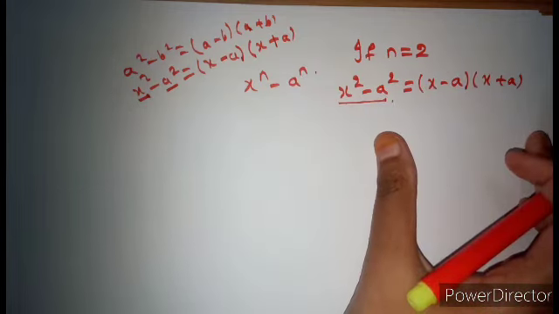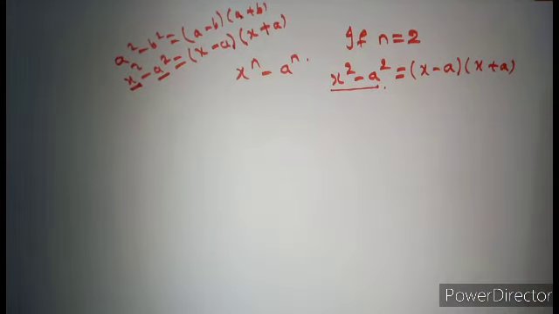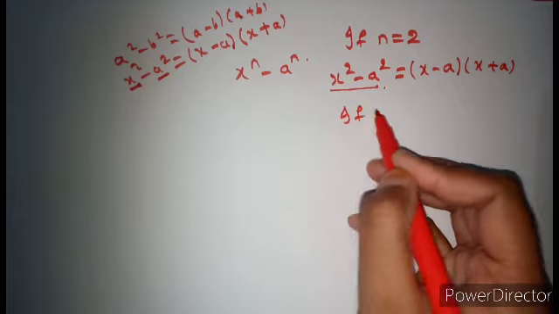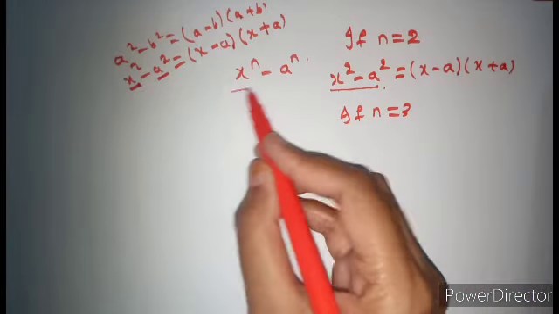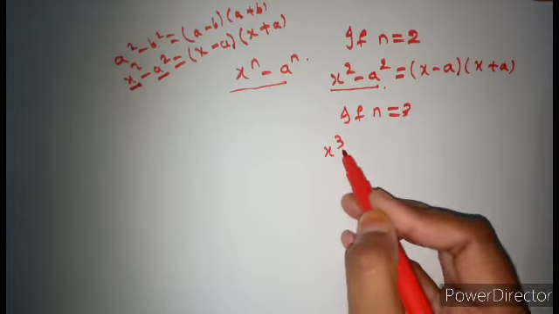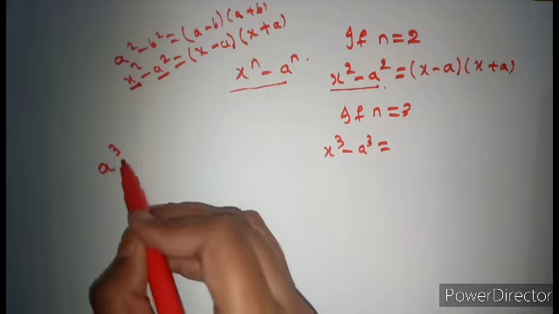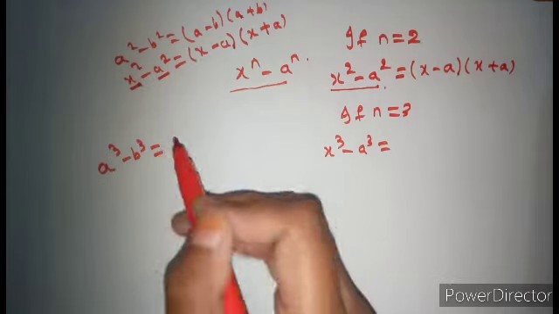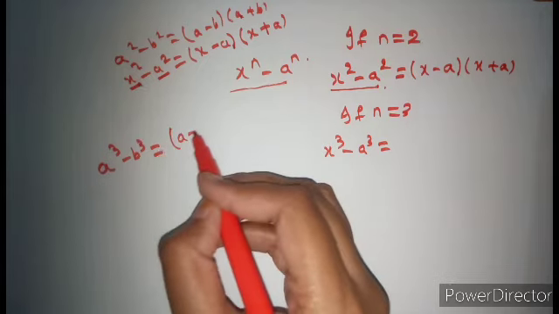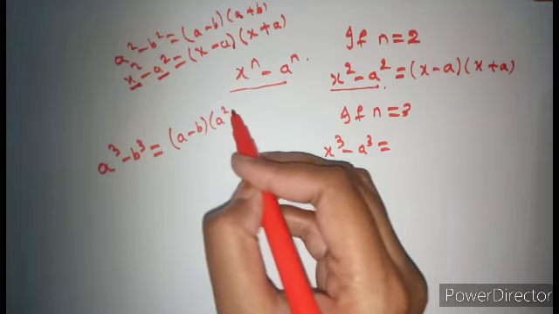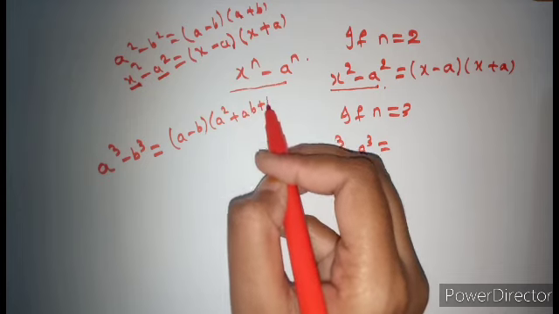So this is what I have written. Now if n equals 3, it becomes x^3 - a^3. The formula for a^3 - b^3 is (a - b)(a^2 + ab + b^2).